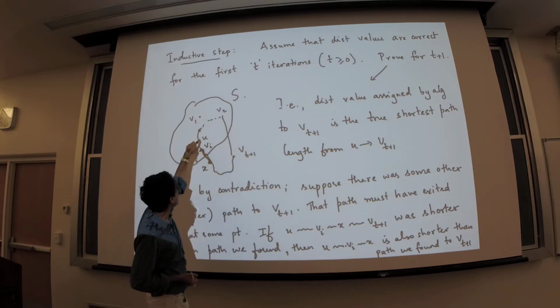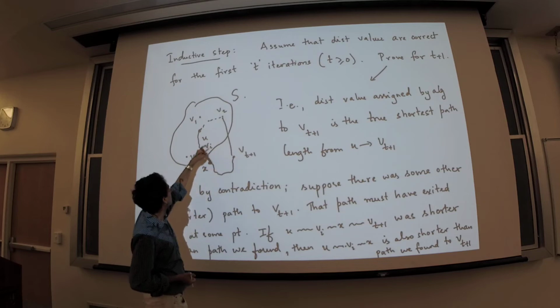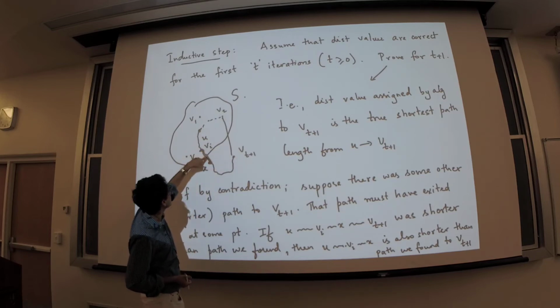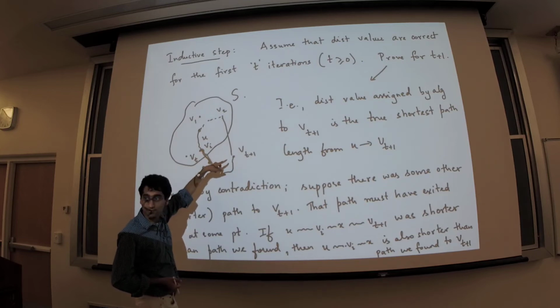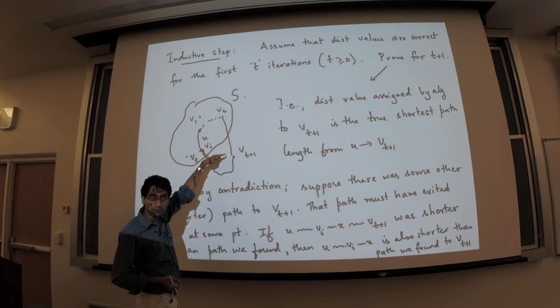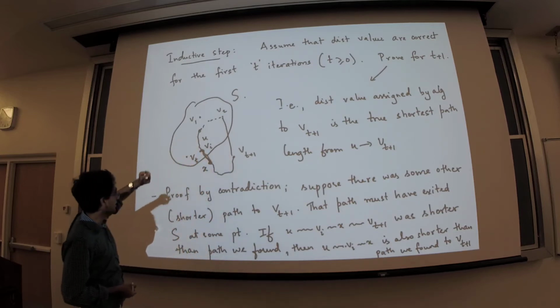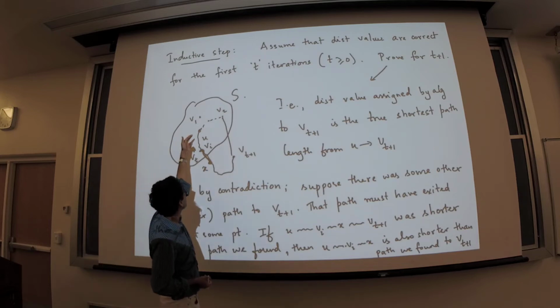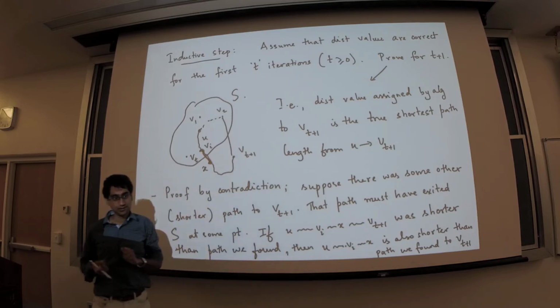If this was a strictly smaller path than the one we found, then the path from u to this x, which is only a part of this thing, must also have been strictly smaller than the path there. Which means that at the t plus 1th iteration, you should have added x and not Vt plus 1. And that's why it's a contradiction.